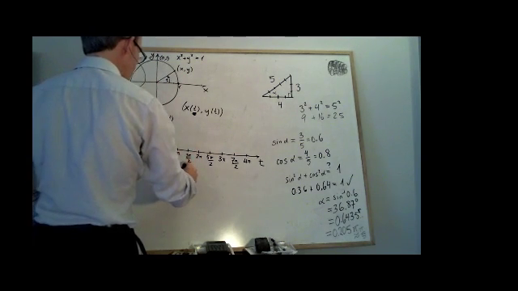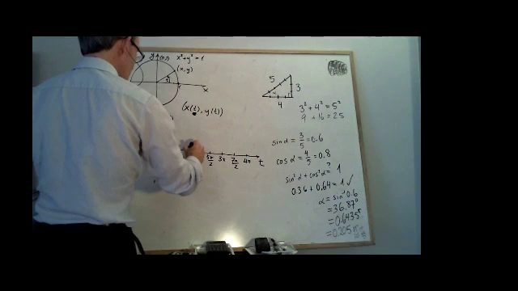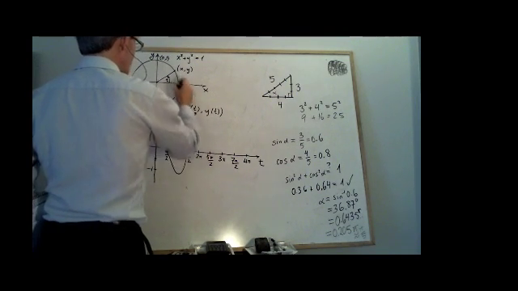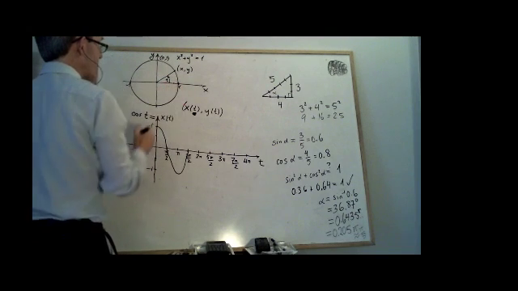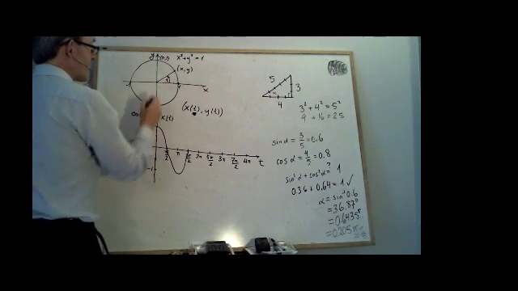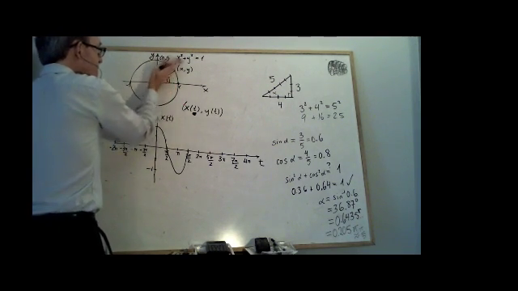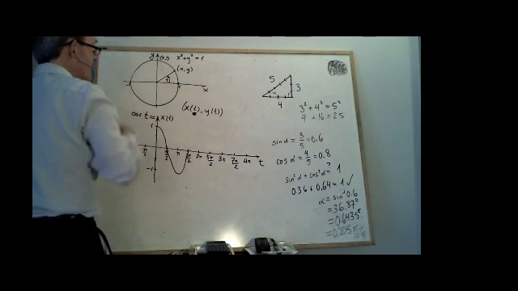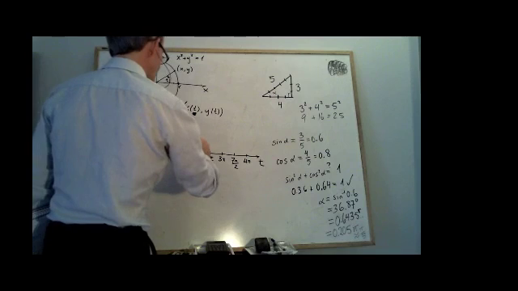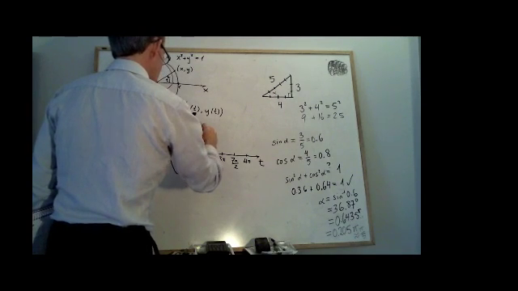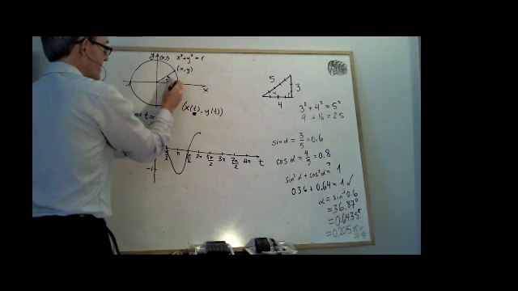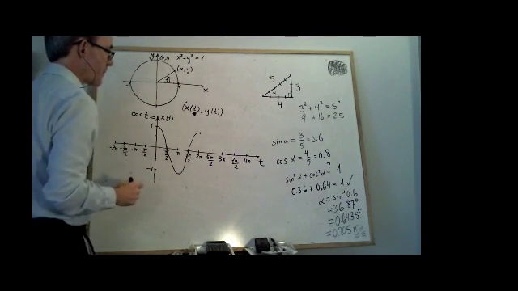So I go back up like this. And then as t goes all the way around the circle once, from 0 to 2 pi, I go all the way up to here, because there, again, the x-coordinate is 1.